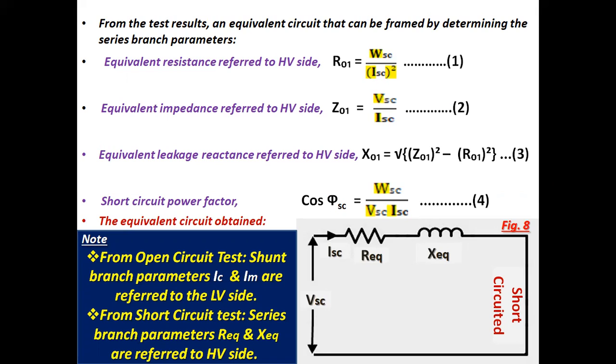From the short circuit test, series branch parameters R equivalent and X equivalent are referred to the HV side.